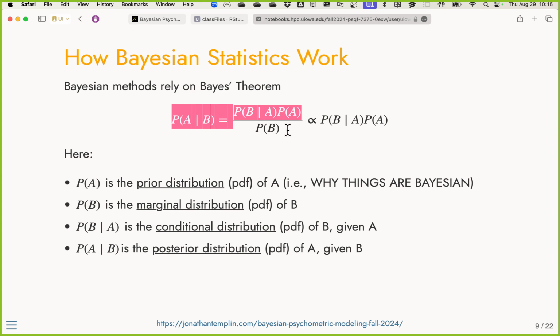P of B is the marginal distribution, in this case, of what we're going to call the data later on. It's the probability of B occurring overall, not conditional on A, just overall. The probability of B given A is the conditional distribution of B given A, and where we are going, this is going to be our model data likelihood. This is where the data comes in.